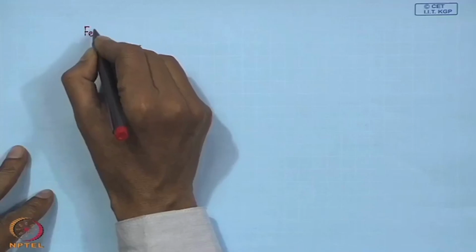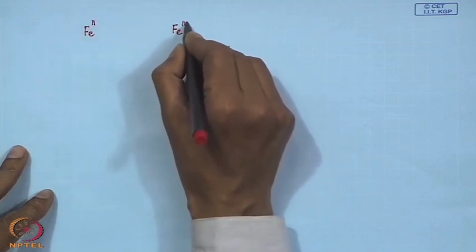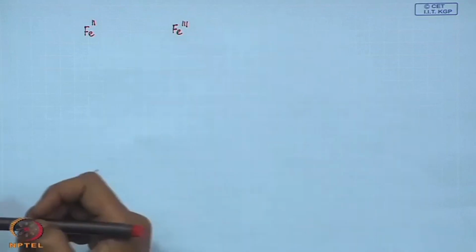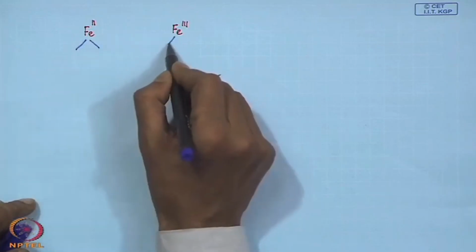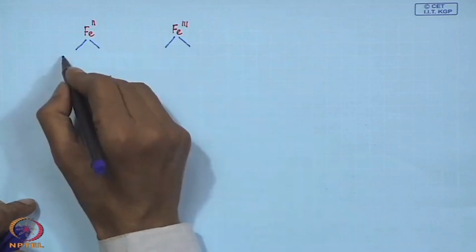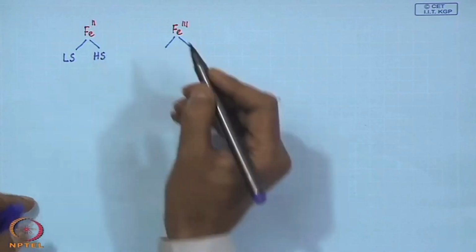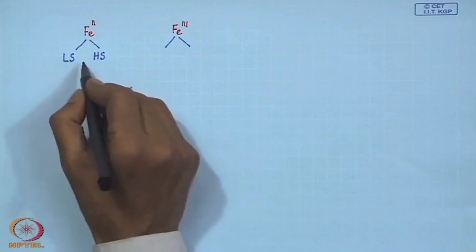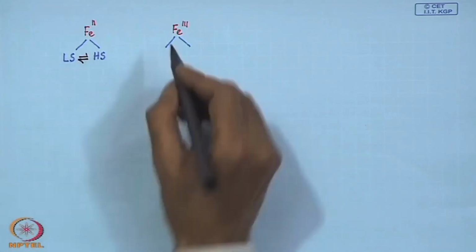So, this spectroscopy can be utilized to identify these 2 oxidation states in several of the compounds, and if a spin state equilibrium is present, we will see that some equilibrium is operating between the high spin state and the low spin state.